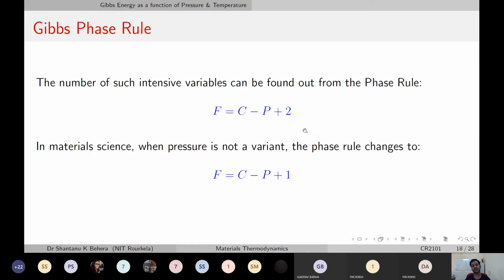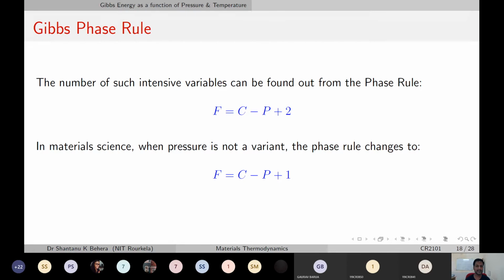This is one of the most profoundly used thermodynamic equations in all of materials thermodynamics or elsewhere. So you need to be able to find out the number of degrees of freedom from C minus P plus 2, where C is the number of components, P is the number of phases. The derivation of it is not so trivial, and would require a few minutes, but we'll give it a pass.